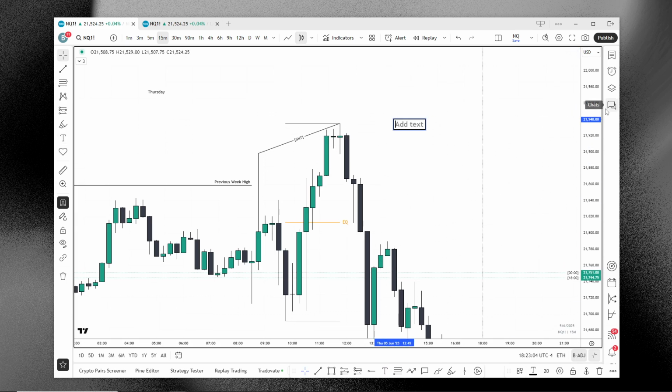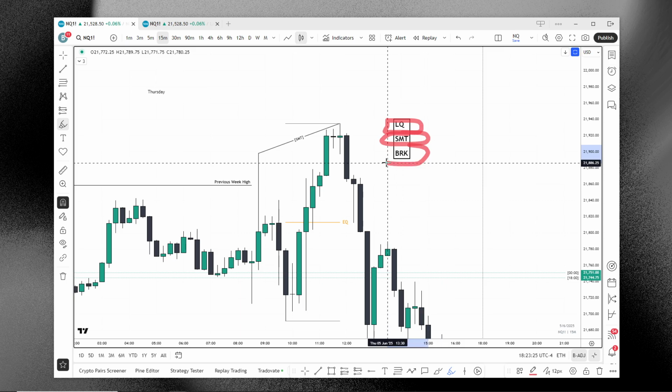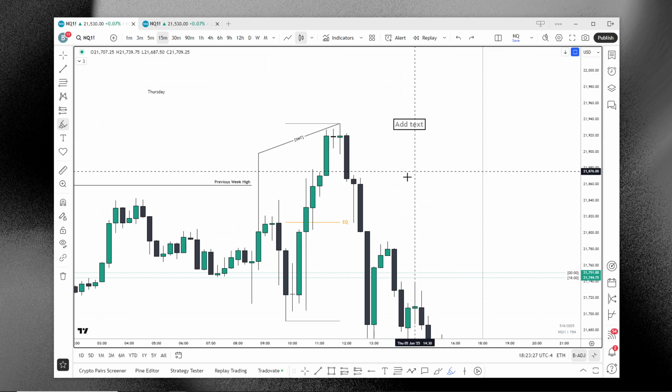We want to first look for a liquidity purge, or just liquidity in the form of external or internal range liquidity. We then want to see SMT, and then we want to see a breaker, okay? These three pieces of information are going to be imperative in determining and highlighting a high probability trade idea, okay?